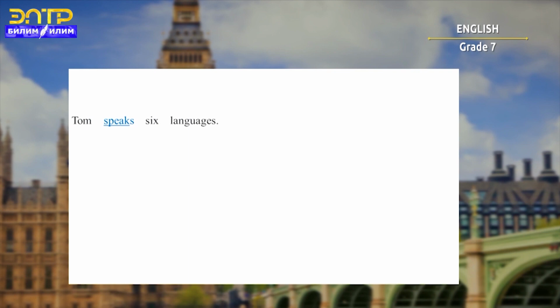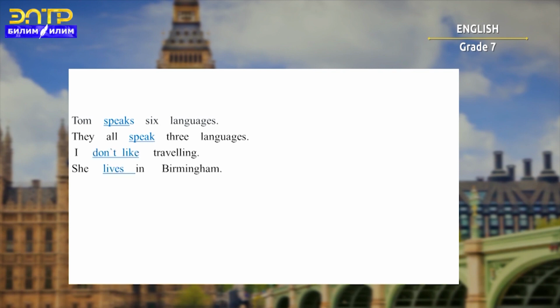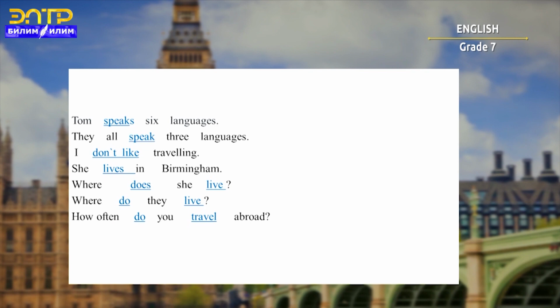Tom speaks 6 languages. They all speak 3 languages. I don't like traveling. She lives in Birmingham. Where does she live? Where do they live? How often do you travel abroad? Michael has 2 dogs and a cat.